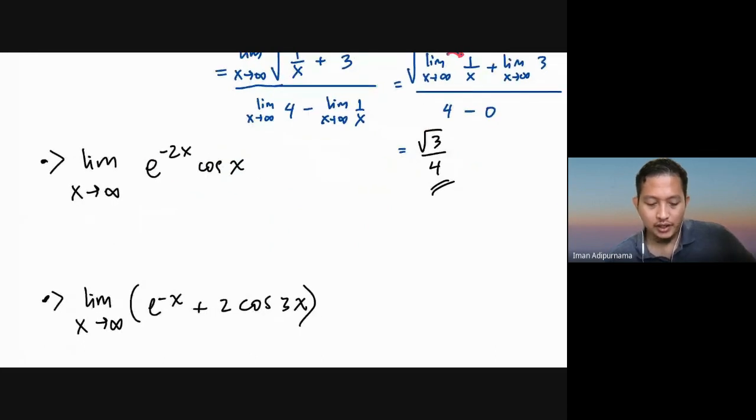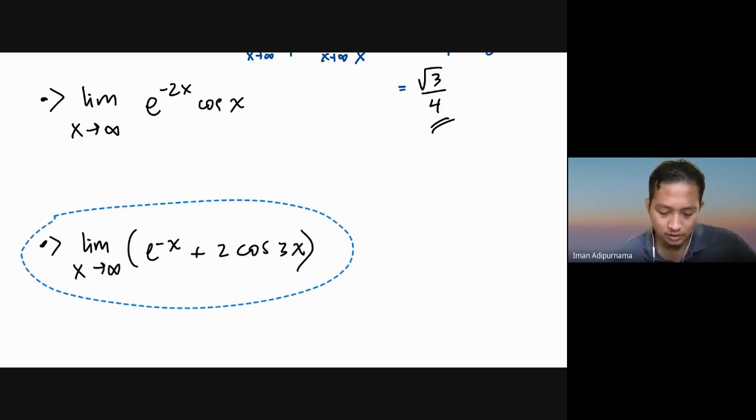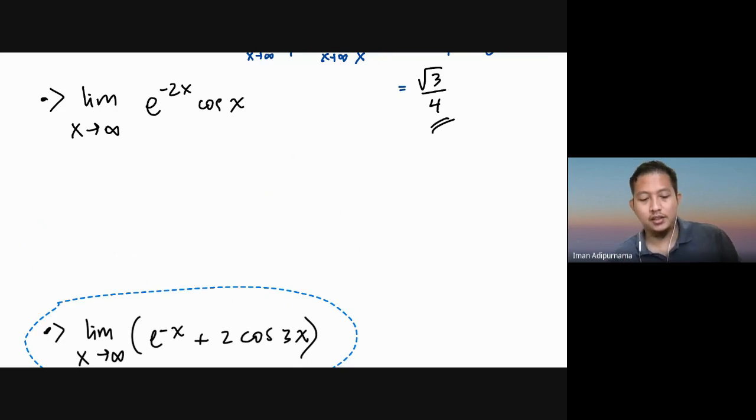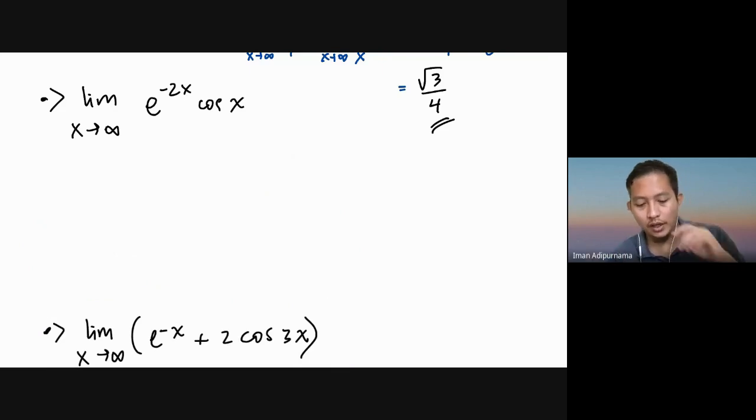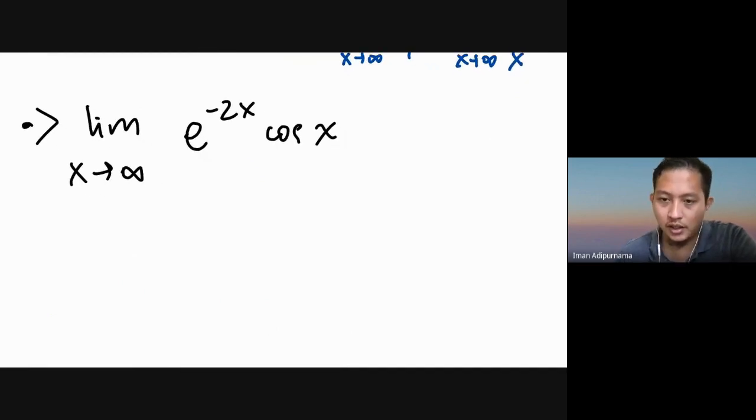Okay, now we have two questions here with some e inside. Let me move this part a little bit down here. Now how do we solve the second question here? We have e and we have cosine.